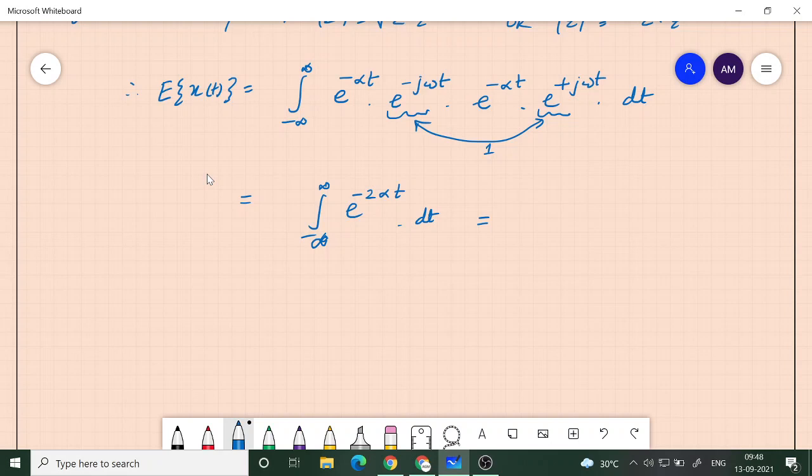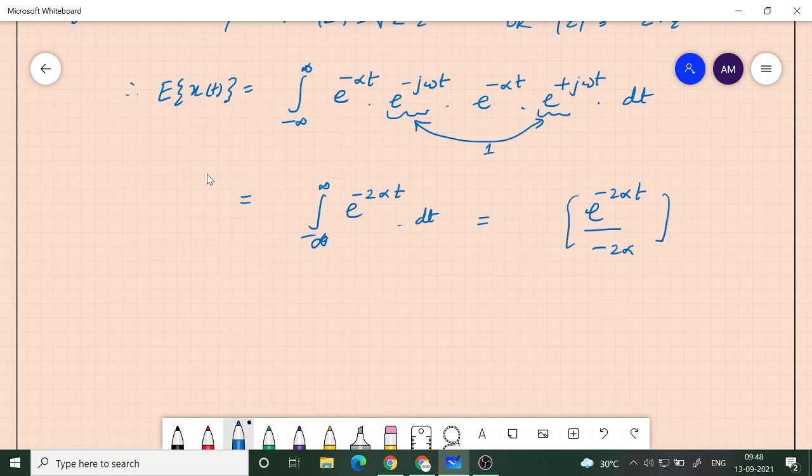What will happen if you do this integration? We are going to run into trouble. Let's see. The integral of this is e raised to minus 2 alpha t divided by minus 2 alpha.